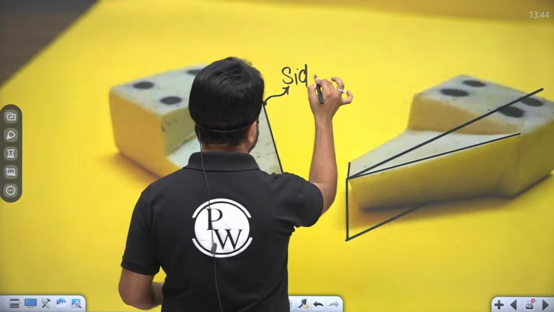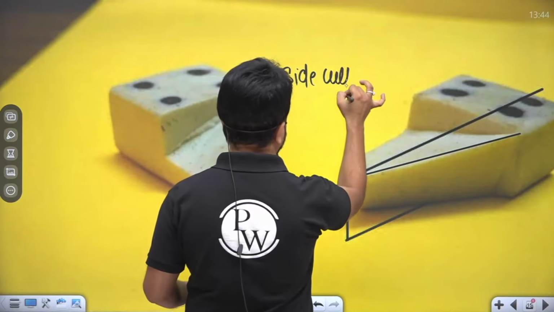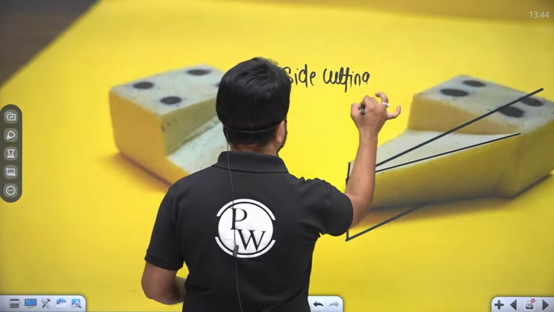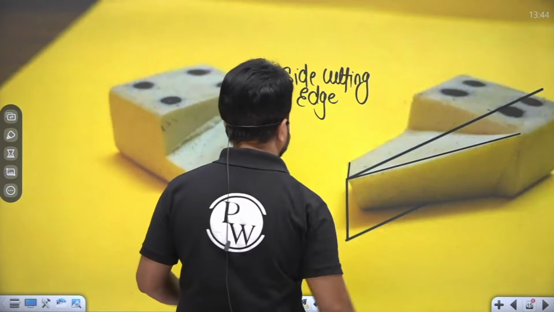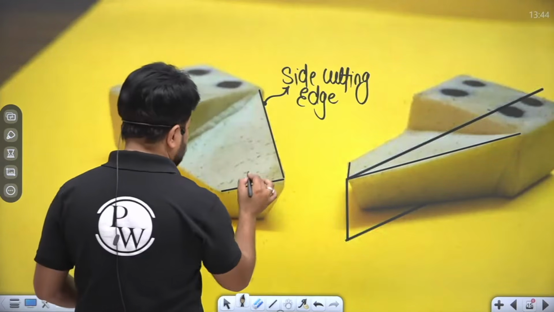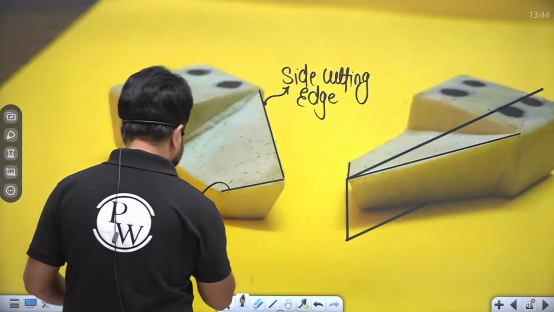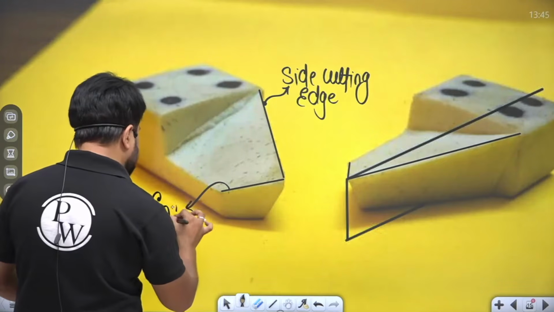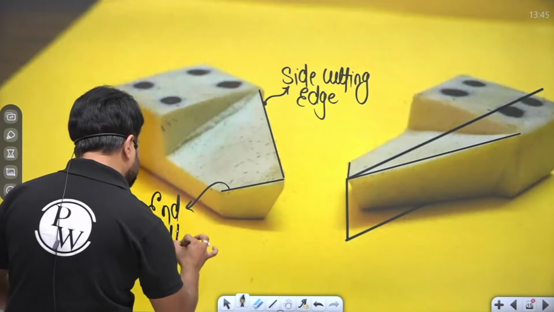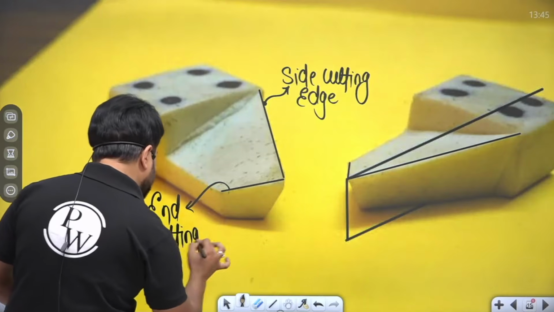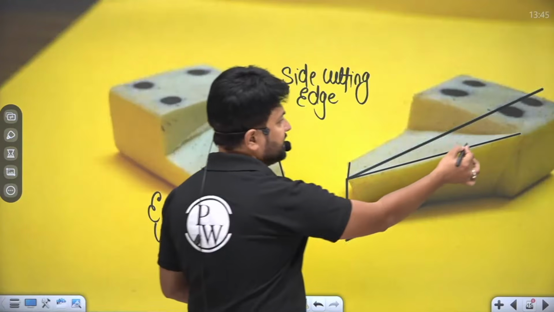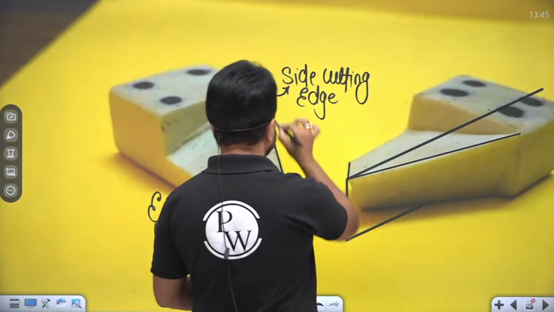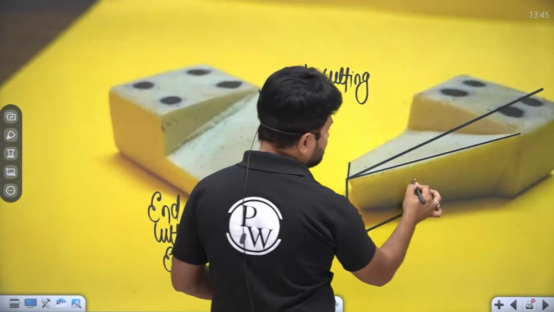So let me write down here, this is the side cutting edge, right? And this is the end cutting edge. Now below the side cutting edge, there is a flank.